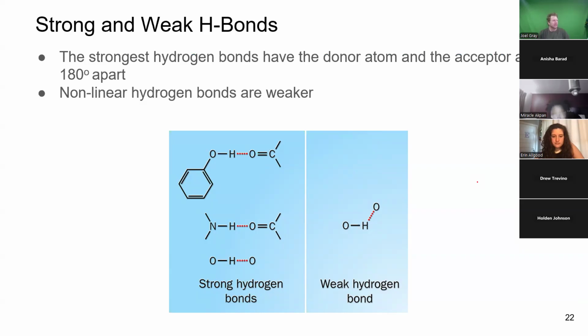Another way to phrase that is these are directly across from one another.